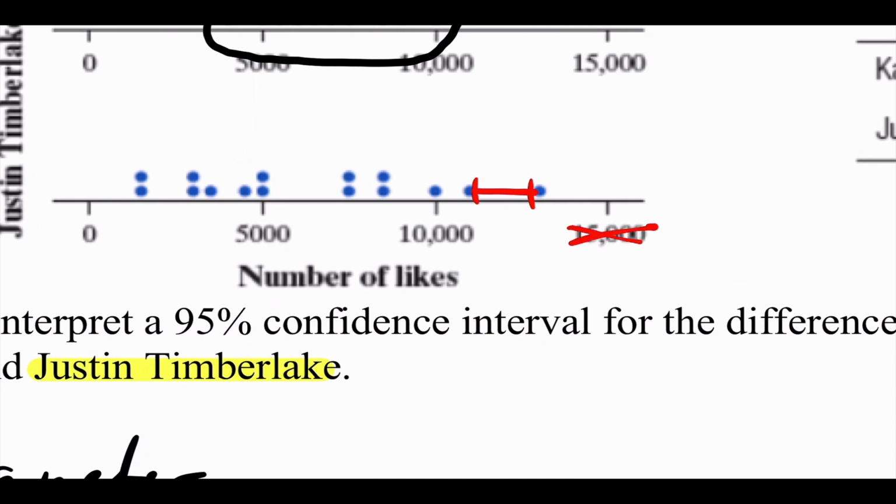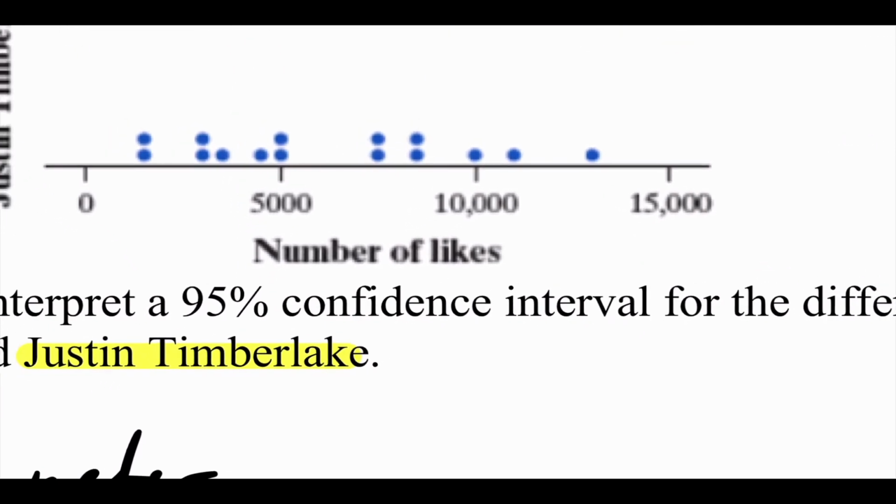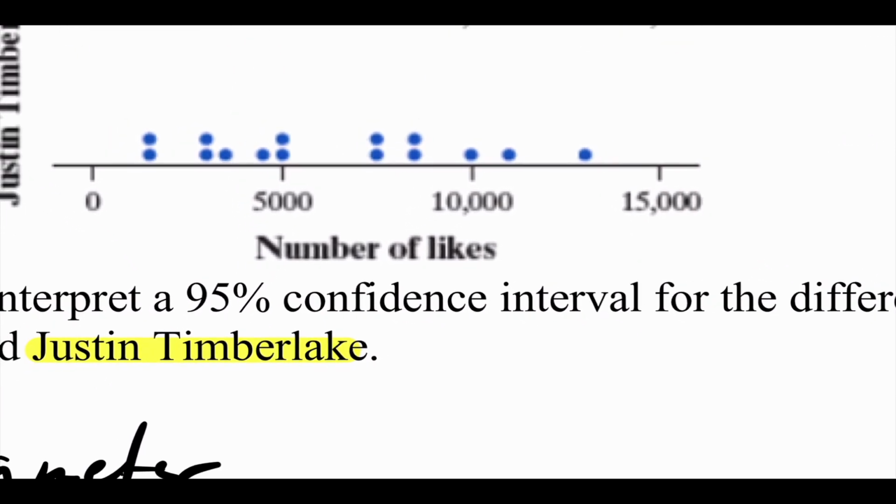If this number was like 40,000 and we had a dot over here, I would say that's crazy, like 30,000 more. That's drastic. That's what we're looking for in outliers. So I don't think any of these distances are crazy.